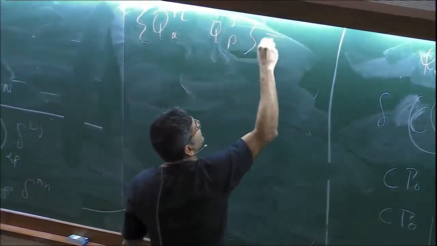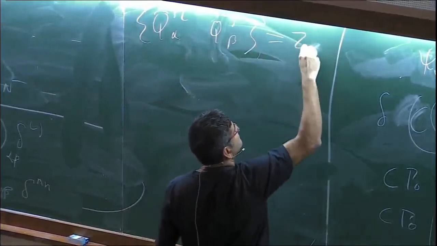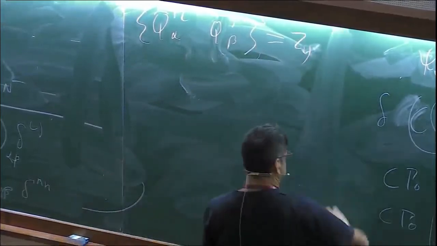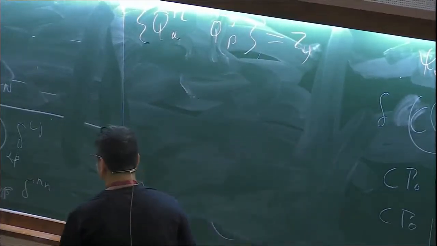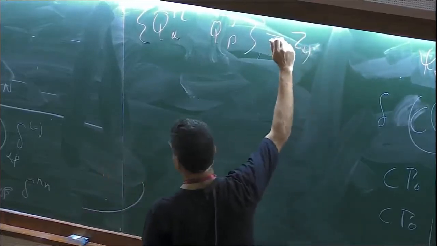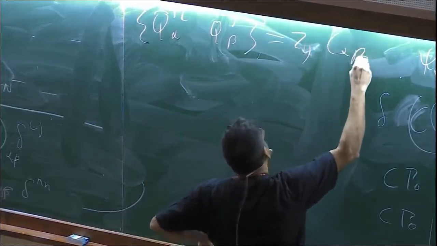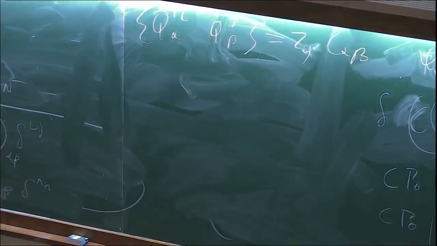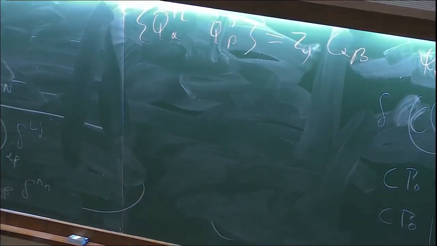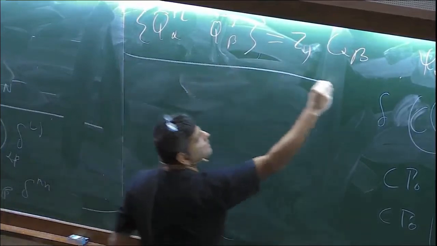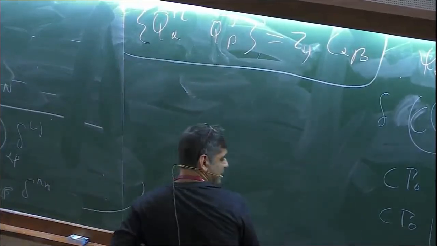This quantity is Zij times C alpha beta. So I'm sorry I've written so haphazardly. In d equals 10, this and this line together make up the supersymmetry algebra.